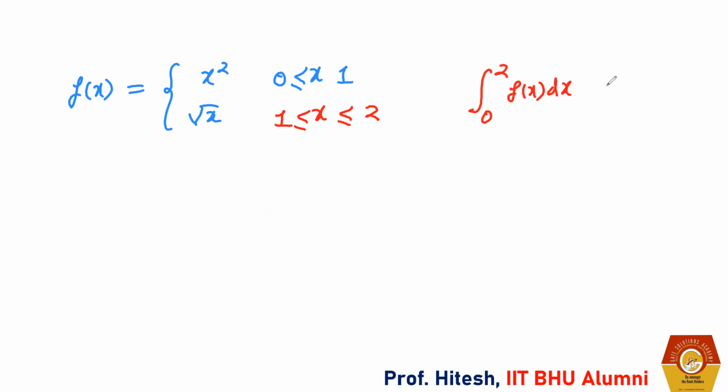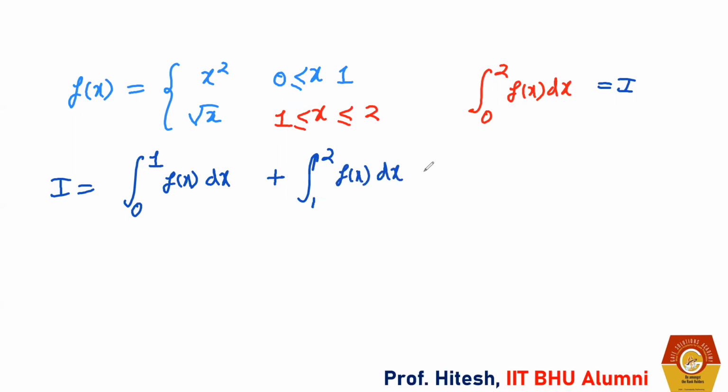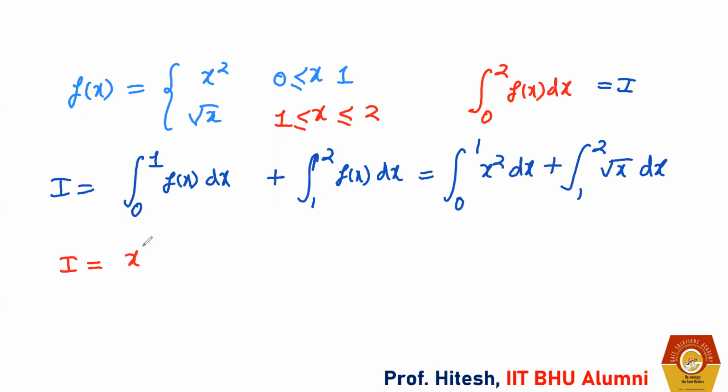Let us say it is I. We will break the limit into 0 to 1 of f of x dx because the function is different, and from 1 to 2 the function is different. From 0 to 1 the function is x square, and from 1 to 2 the function is under root x. So I will be x cube upon 3 with limit 0 to 1, plus x to the power 1 by 2, meaning x to the power 3 by 2 upon 3 by 2, with limit 1 to 2.